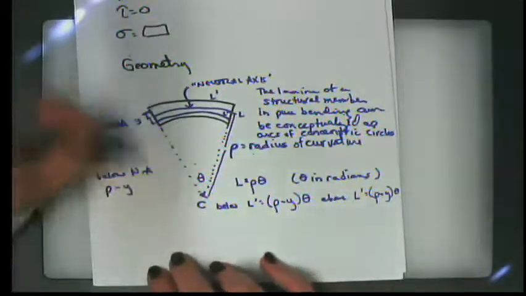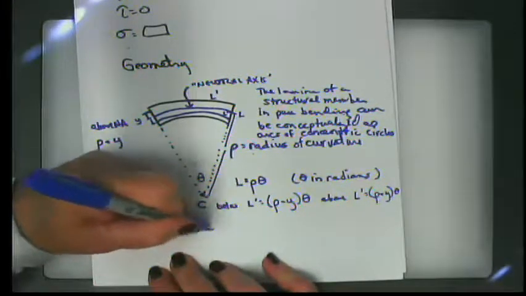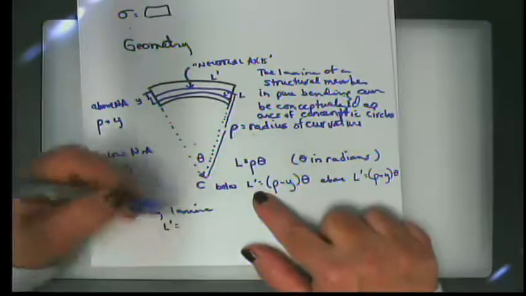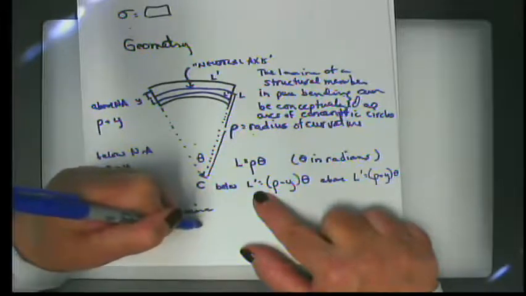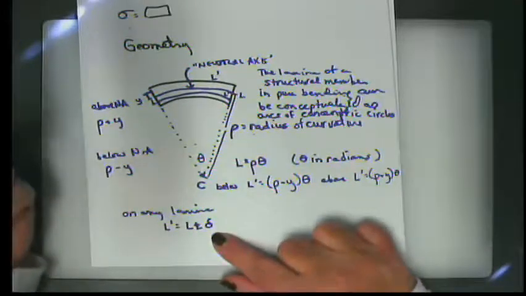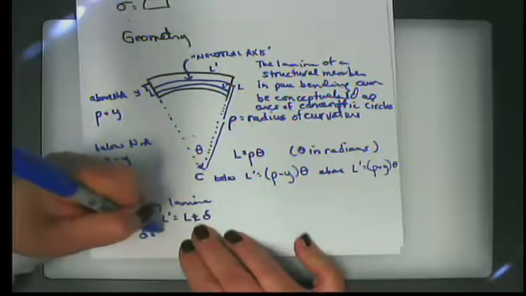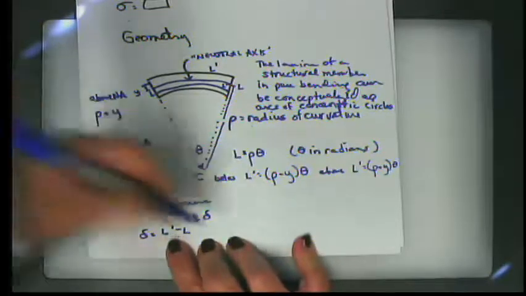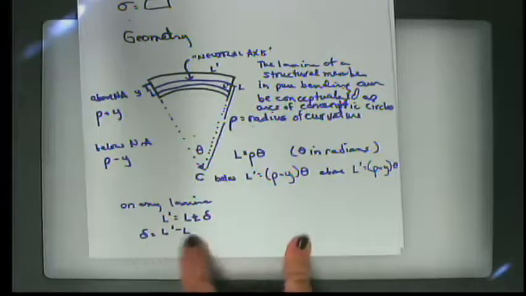And if we then consider that on any lamina the change in length, in other words L prime, is going to be L plus or minus del, we can say that del is equal to L prime minus L. That would be written for above the neutral axis.